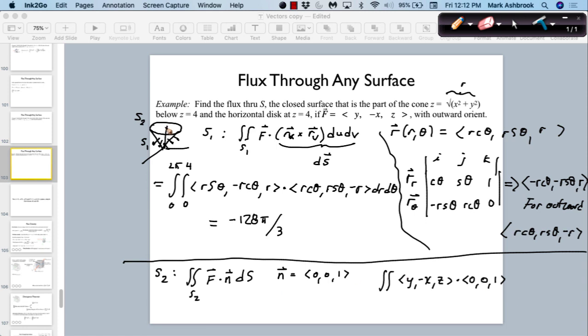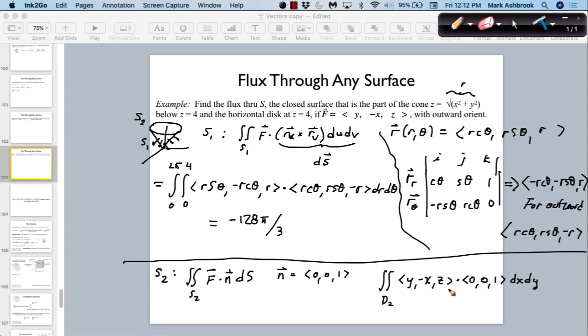And then we can project that thing into the xy plane. So over the projection of S2 into the xy plane, well, we'll just call that what we called regions before, D, so D2. So D2 is the projection of the disk into the xy plane.